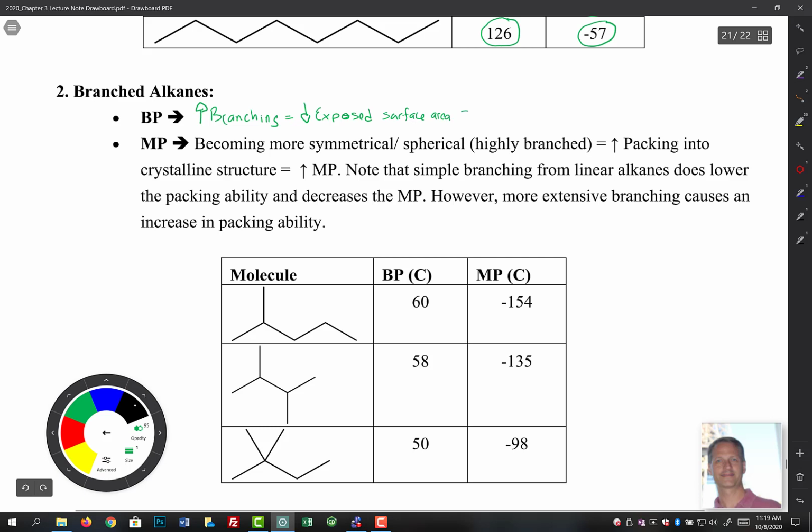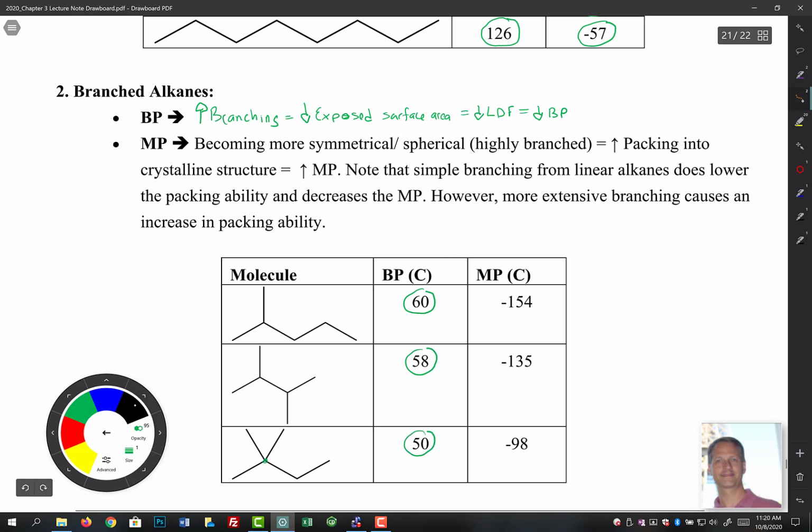Right, which decreases our London dispersion forces and decreases our boiling point. So as we look down below here, we have isomers of C6. So 60, right, a little bit more branching, 58, more intense branching at 1 carbon pulls you down to 50.